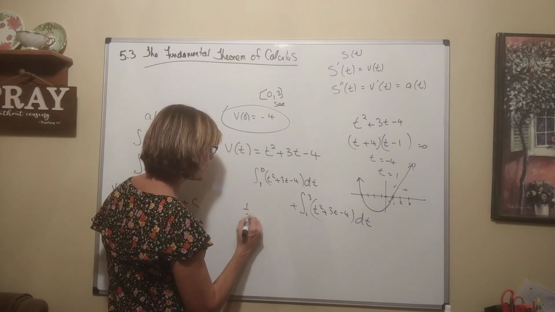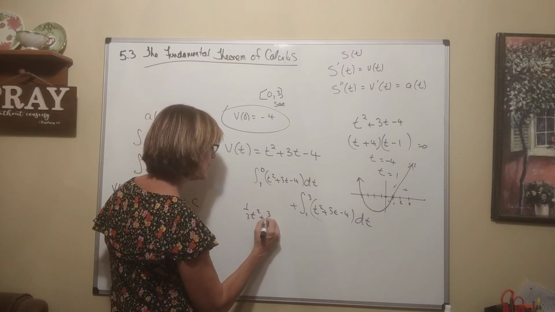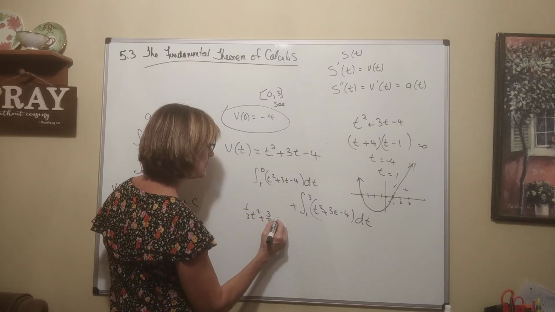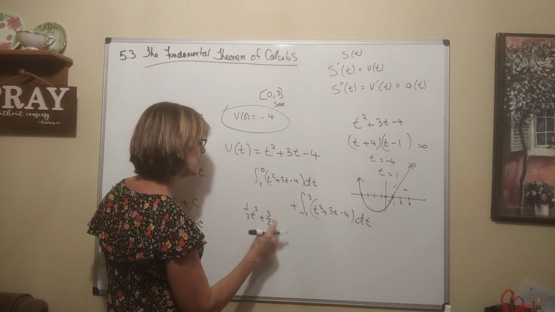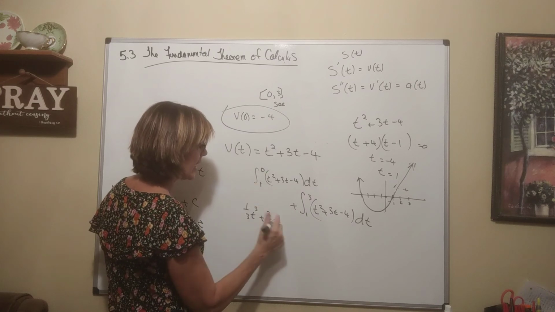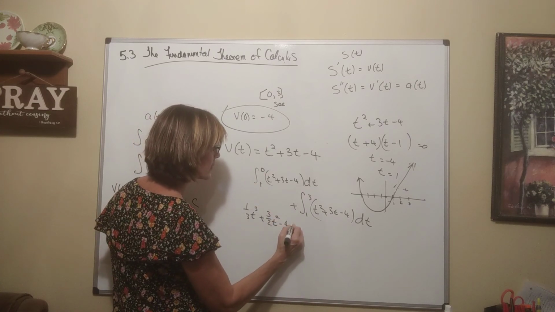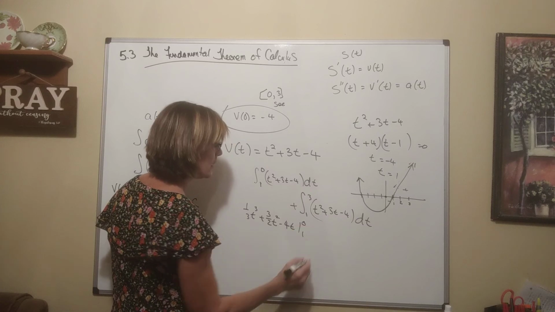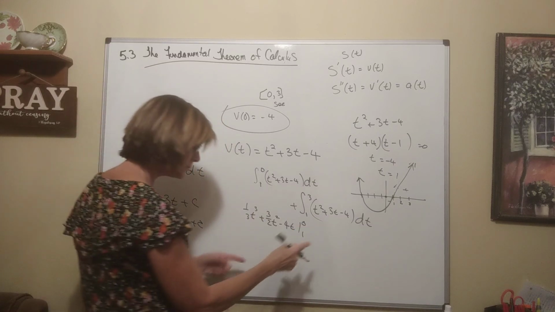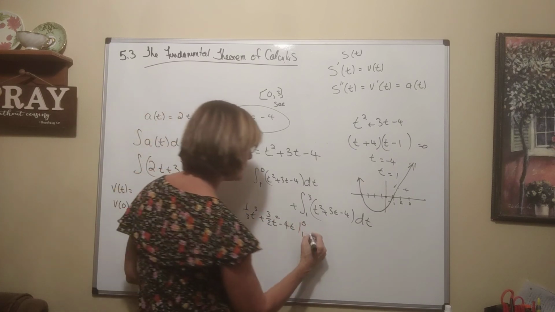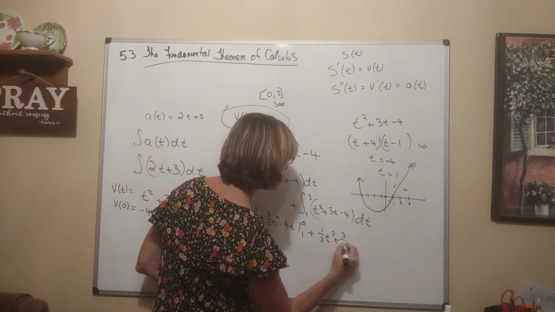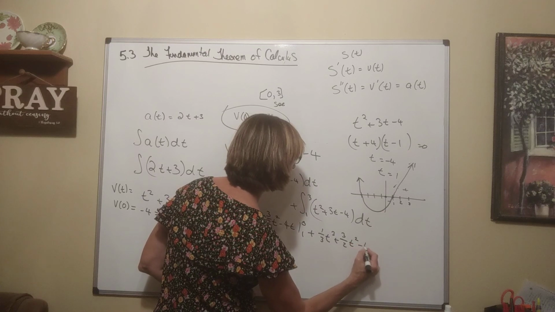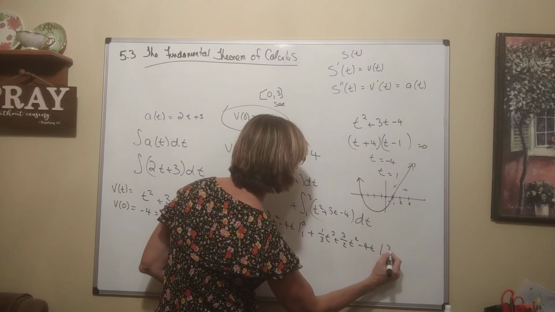This is 1/3 t cubed plus 3/2 t squared minus 4t from 0 to 1. It's upper limit minus lower limit, plus 1/3 t cubed plus 3/2 t squared minus 4t from 1 to 3.